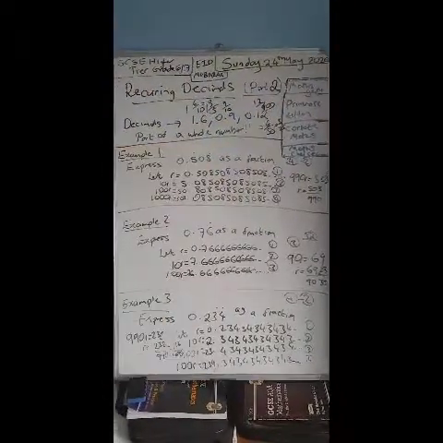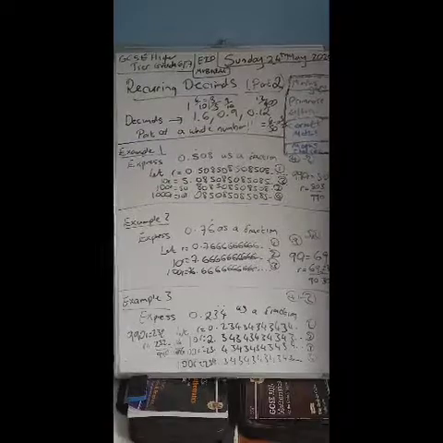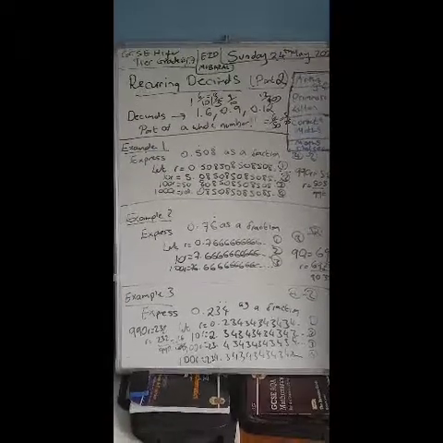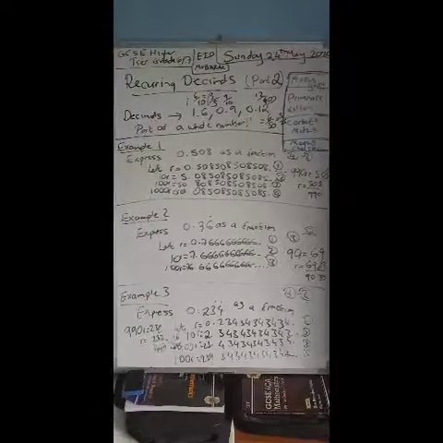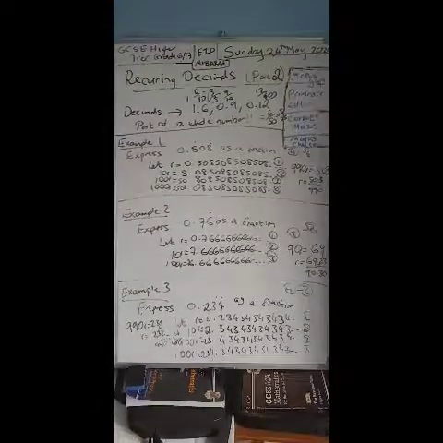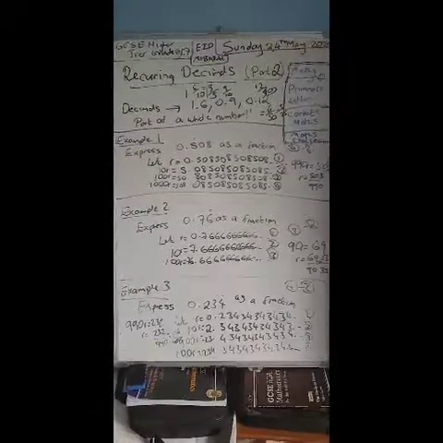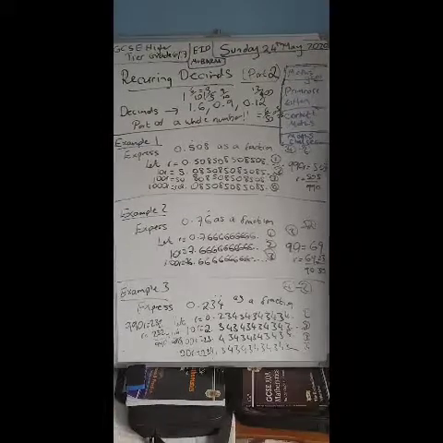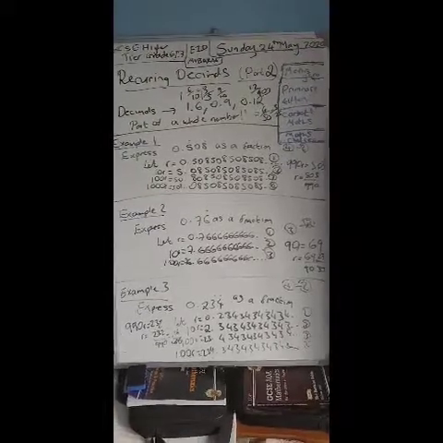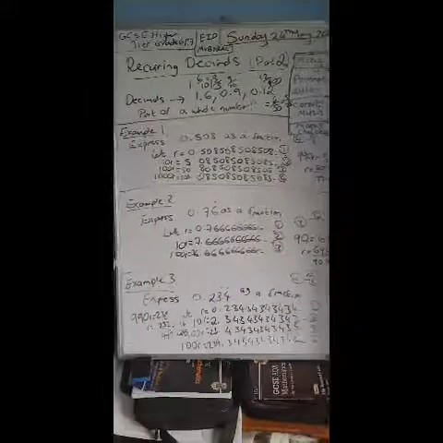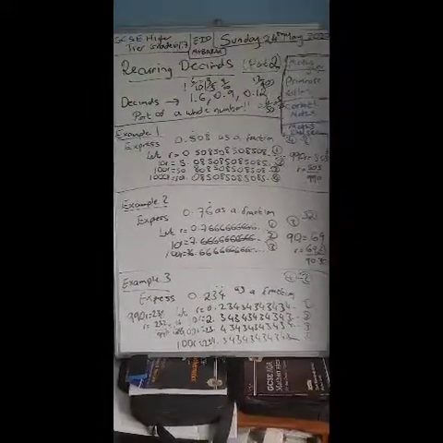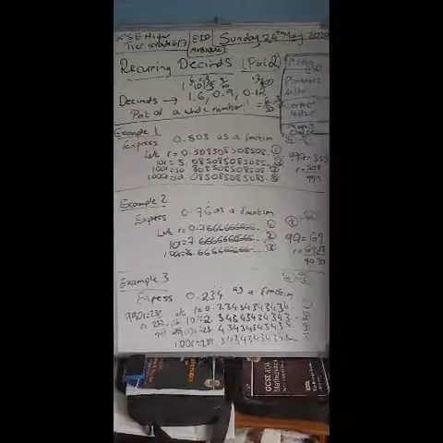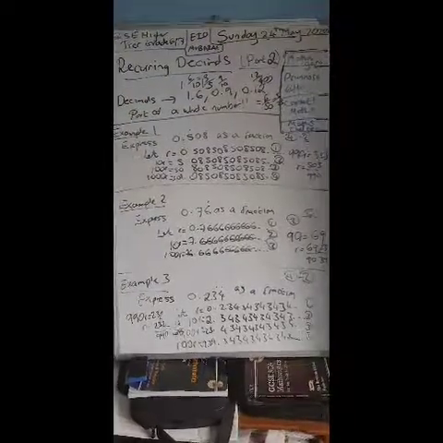That comes from the idea that decimals can be written as a fraction out of 100. 100 doesn't have an infinite number of factors, it's got a finite number of factors, and that's why we have recurring decimals, because there are some numbers that do not go into 100 fully.